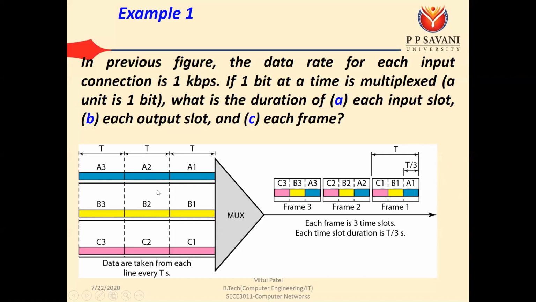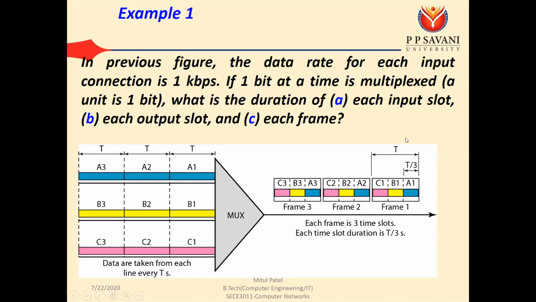So here, what is the value of t? The value of t is 1 millisecond. So the duration of this output slot is 1 by 3 millisecond. A1 is 1 by 3 millisecond, B1 is 1 by 3 millisecond, C1 is 1 by 3 millisecond.